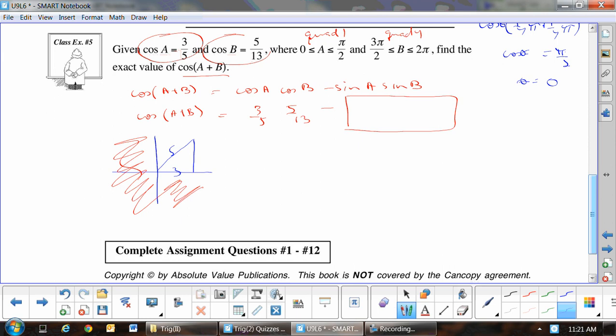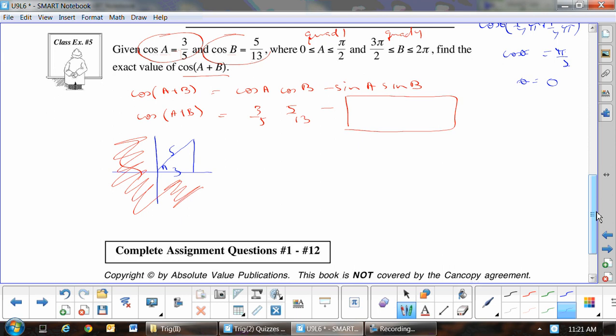Now, do you see how I could find, now this is angle A. Do you see how I can find sine A if I wanted? Sine A is y over r. Can I find y? Yeah, I can using our buddy Pythagoras, right?